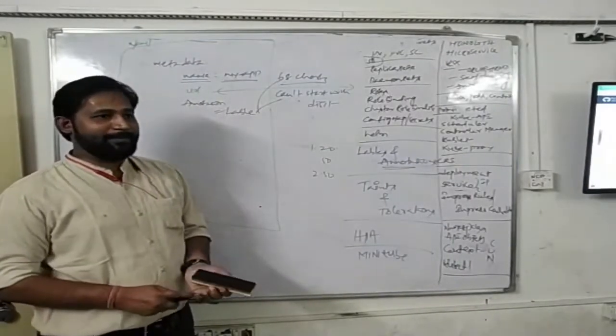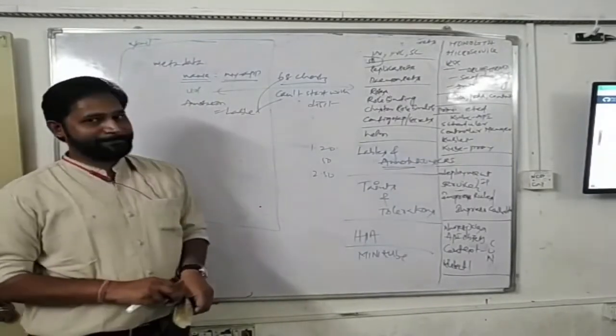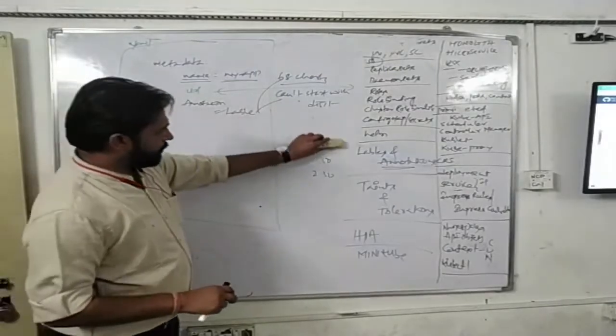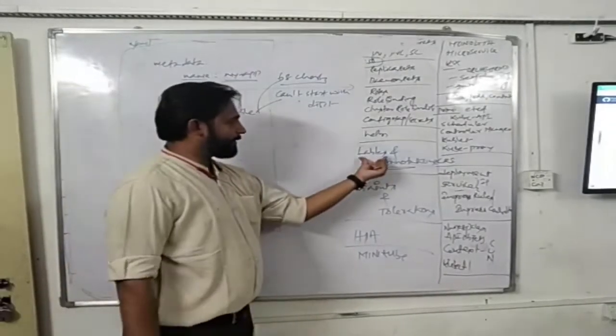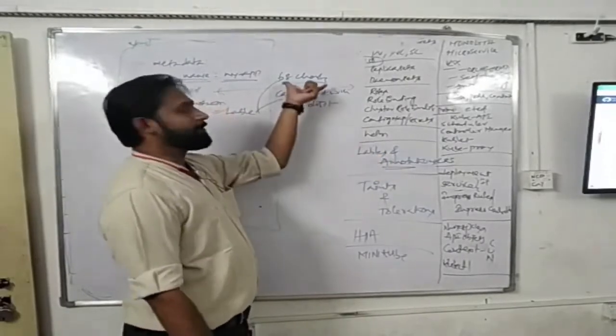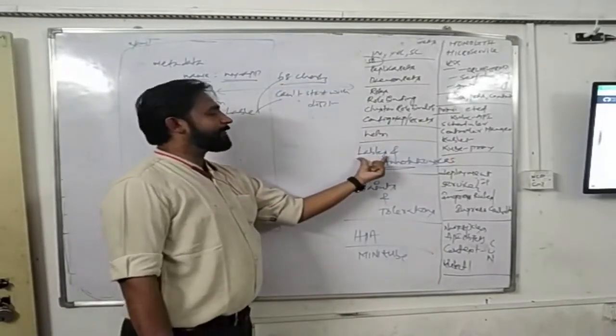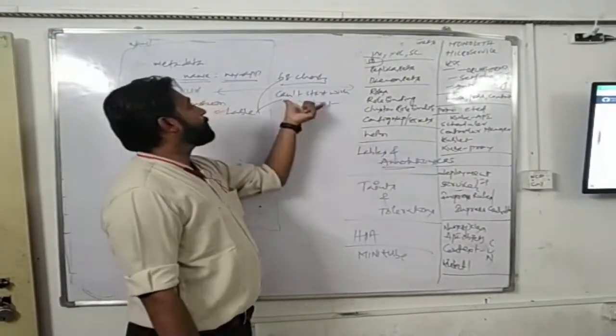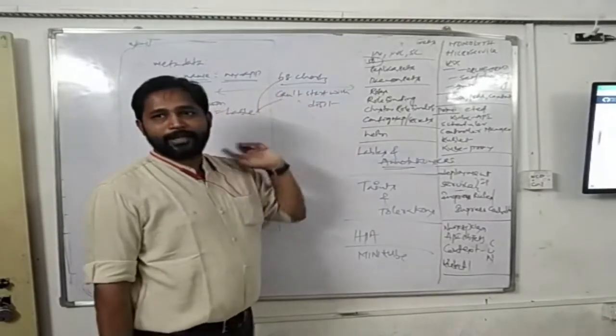None of these things will probably happen. So the difference between labels and annotations is in terms of the length that a label can have, the type of characters, and what it can start with. That's it.